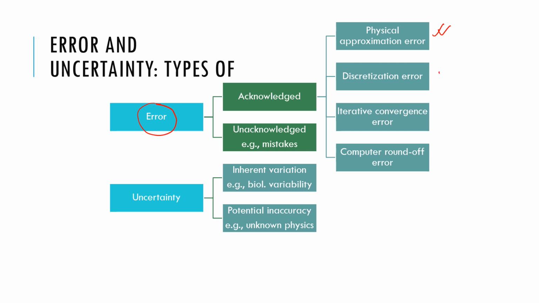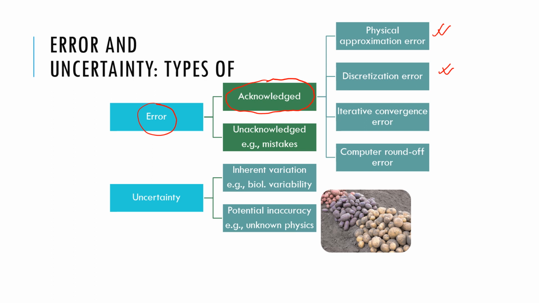Error can also be discretization error: when the mathematical equations are solved numerically, we could be making certain errors. These are the most important examples of acknowledged errors that we know for sure are happening. There can also be mistakes, which are a kind of unacknowledged error.